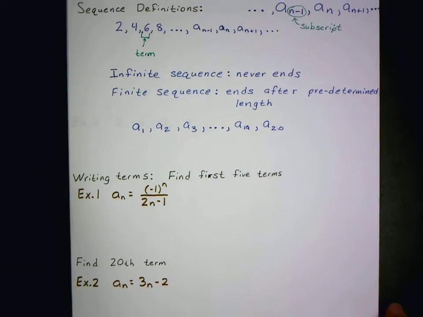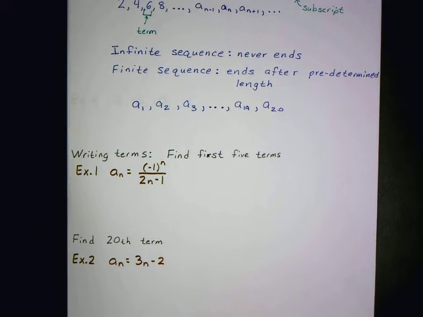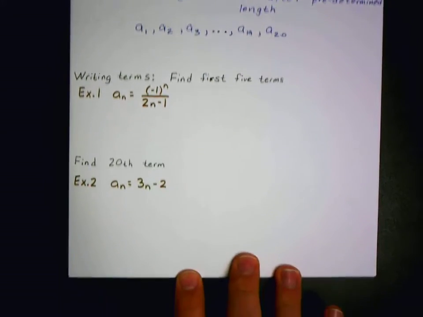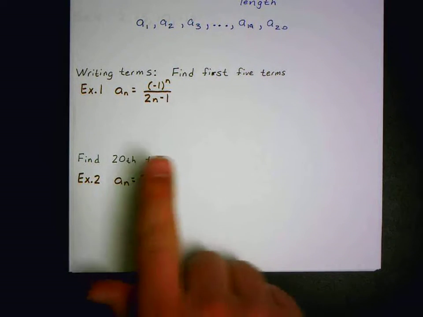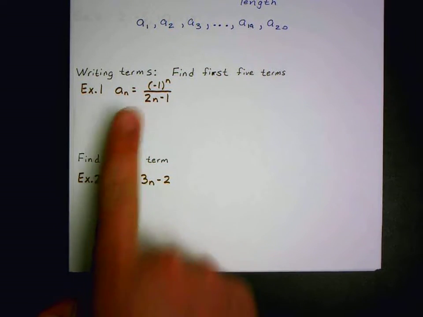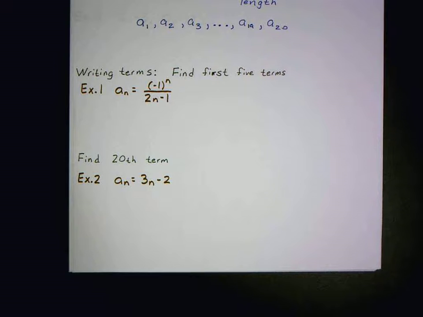So, some things you might actually be asked to do. Write out the first five terms of this sequence. That's really simple. All you're doing is literally taking the number 1 and plugging it into that equation.